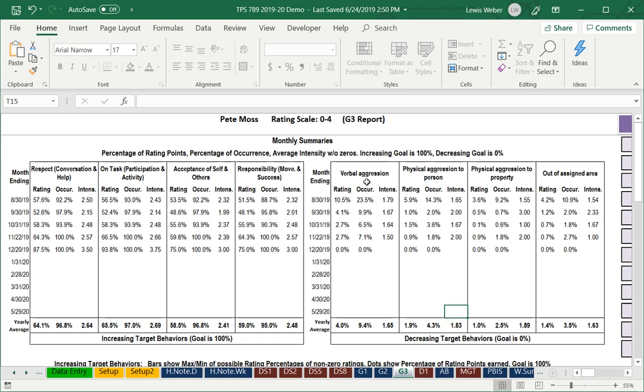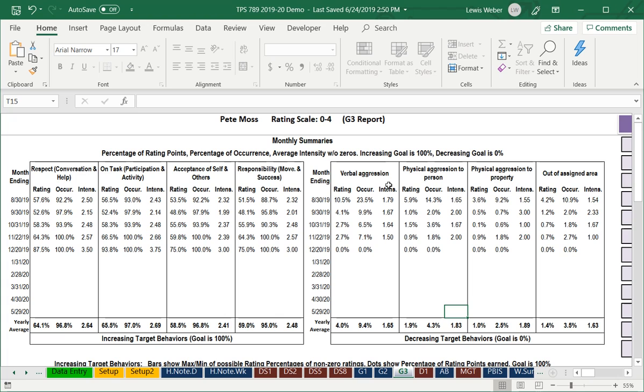And when it does occur, it means that the conditions in the classroom were such that some verbal aggression occurred, and because we don't want to see any of it, the difference between not seeing it and seeing it is important. And so occurrence is an important measure for the decreasing targets.